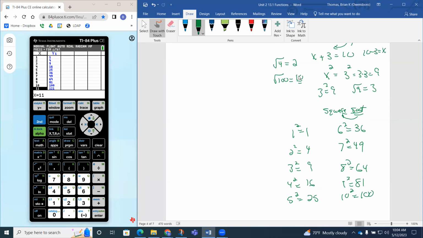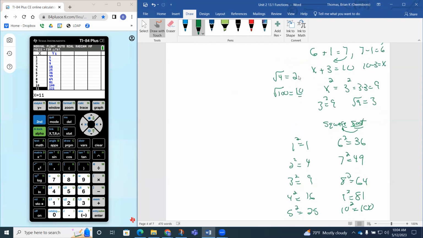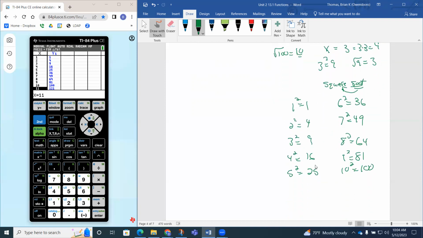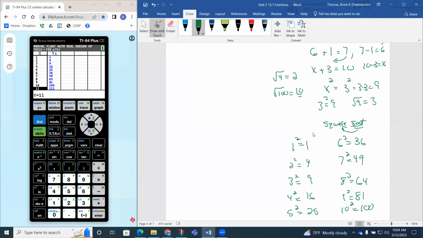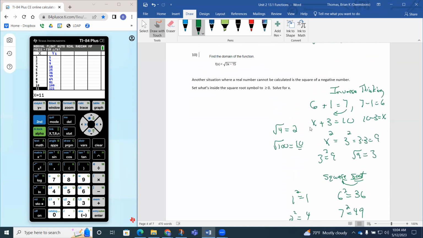So it's going backwards. Not all numbers are perfect squares. These are what we call the perfect squares, so they can actually be taken the square root rather easily. If you can't take the square root of it evenly, then we'll get into that later. So anyway, the question is, we want to find the domain of this function.